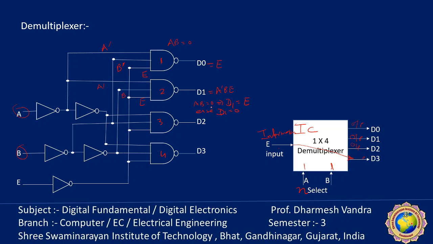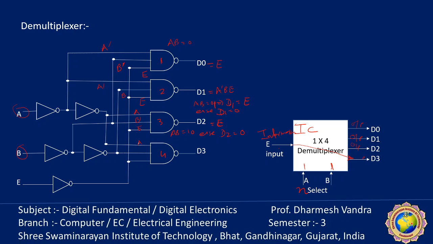In this logic only when the two inputs are 0 and 1, D1 equals E. Similarly, this is A and here B' E. So when AB equals 1 0, then D2 equals E, else D2 equals 0.